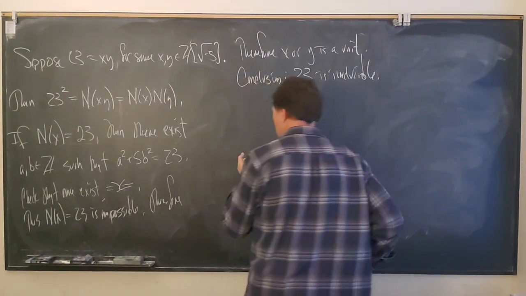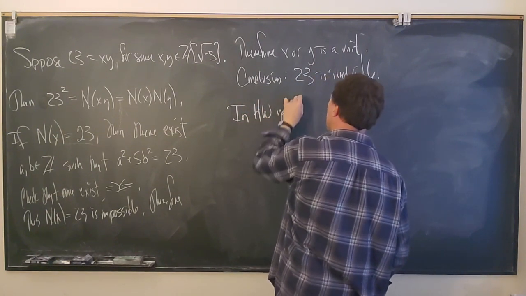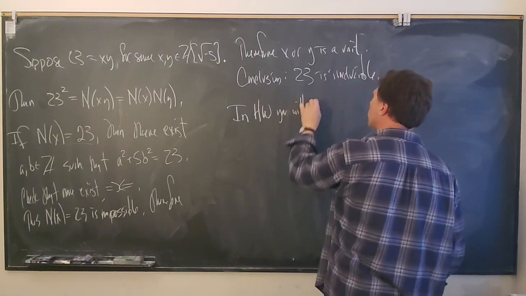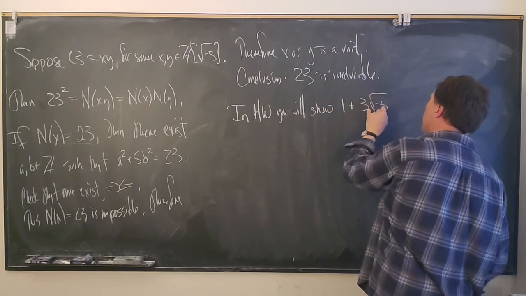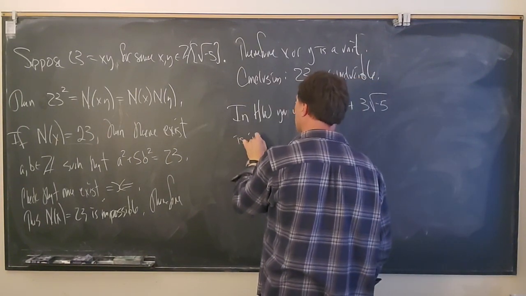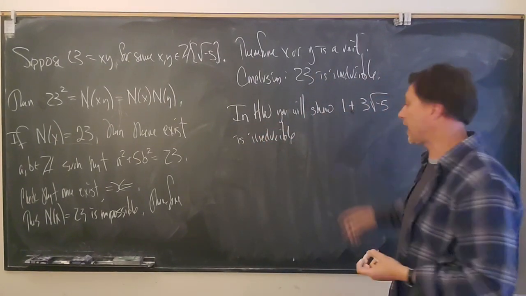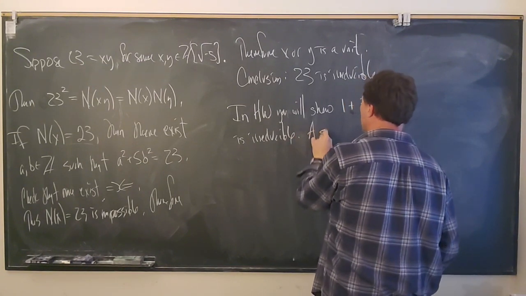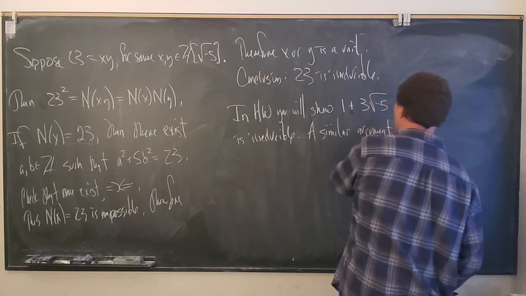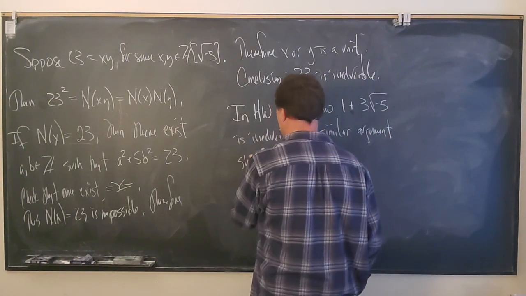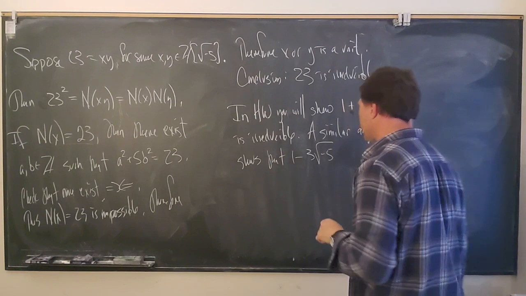So in homework, you will show that 1 plus 3 square root minus 5 is irreducible. And the argument for the plus will be the same as for the minus, so a similar argument shows that 1 minus 3 square root minus 5 is irreducible.